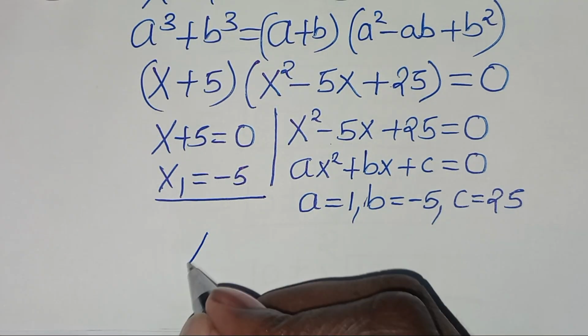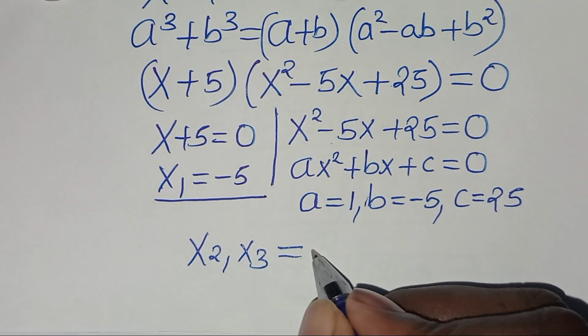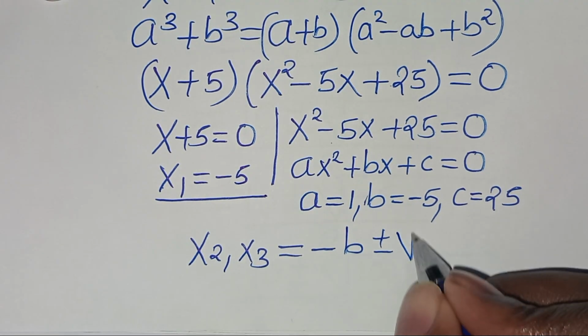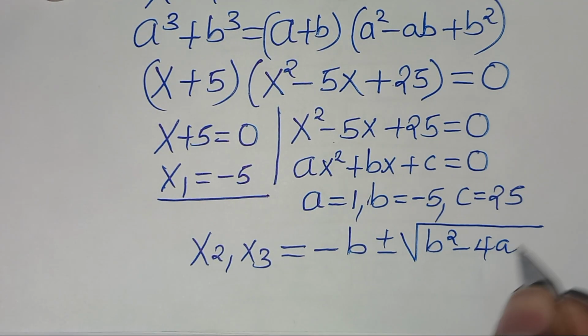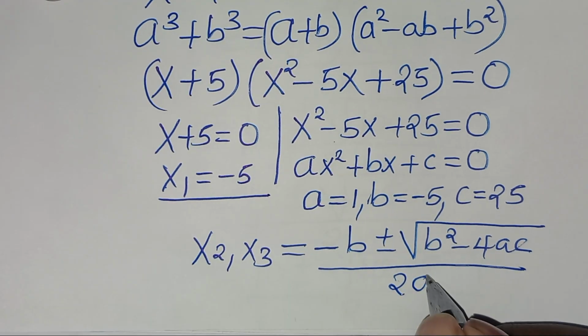To solve for x2 and x3, we apply the quadratic formula, that's minus b plus or minus the square root of b squared minus 4ac, everything divided by 2 times a.